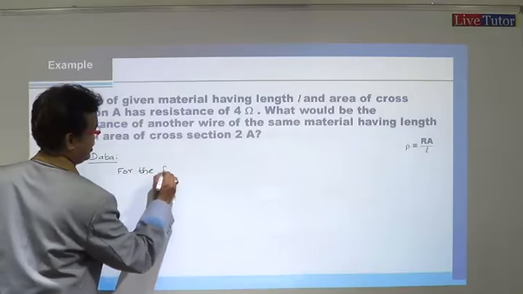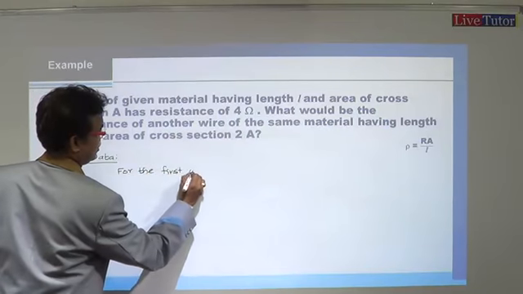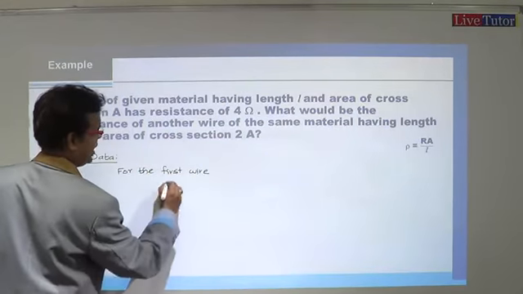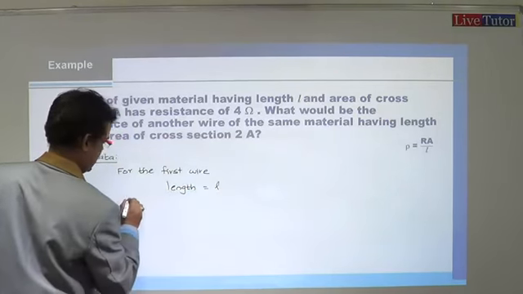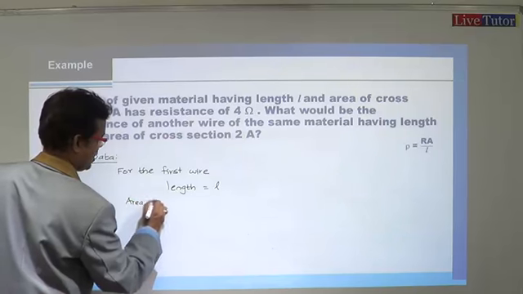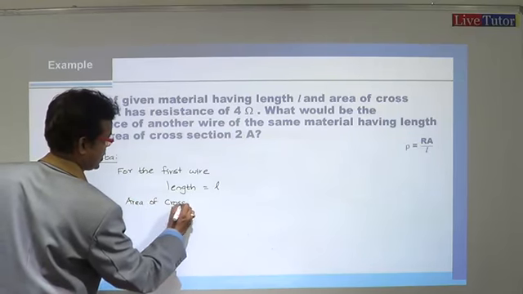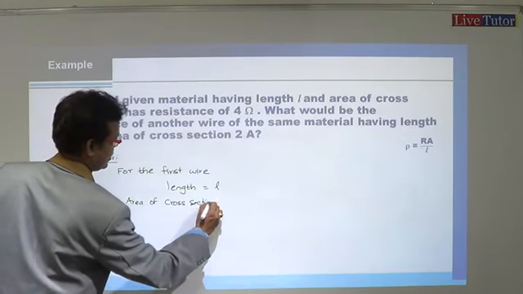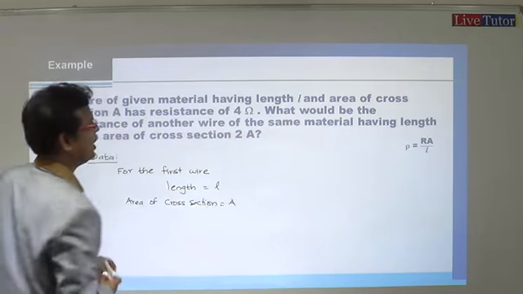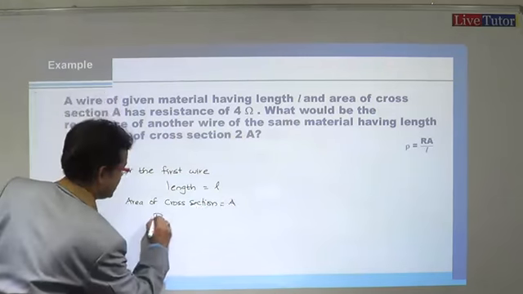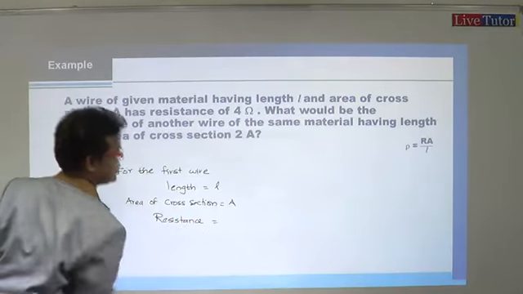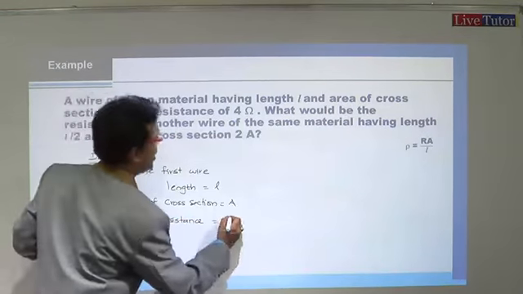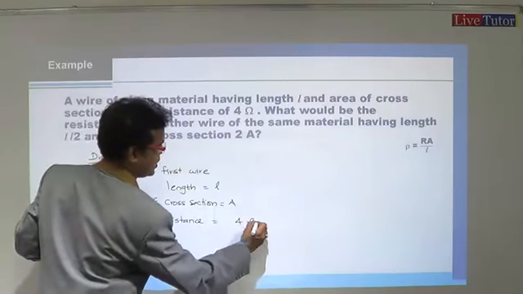For the first wire, length is L, area of cross section is A, and resistance is equal to, how much is that? 4 ohms.